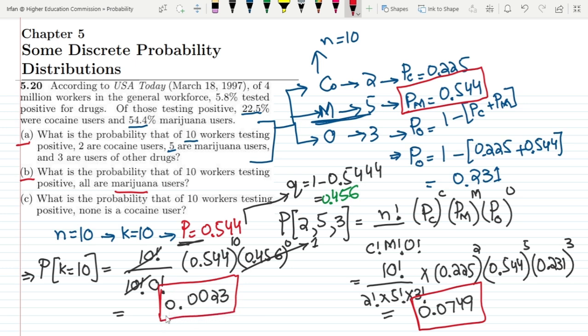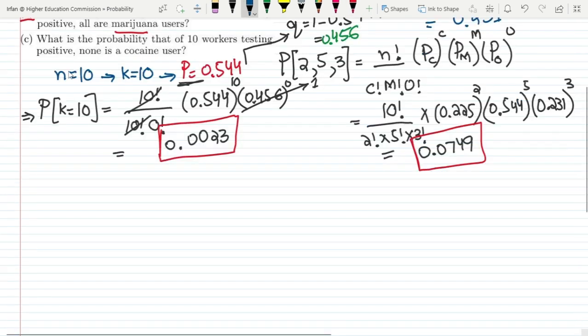Okay, so for solving part C, let me move down somehow. The statement of part C is, what is the probability that of 10 workers testing positive, none is a cocaine user? So if the total number tested is 10, none are the cocaine users, so others would be 10.